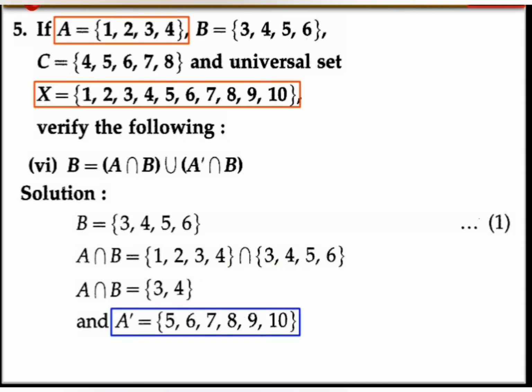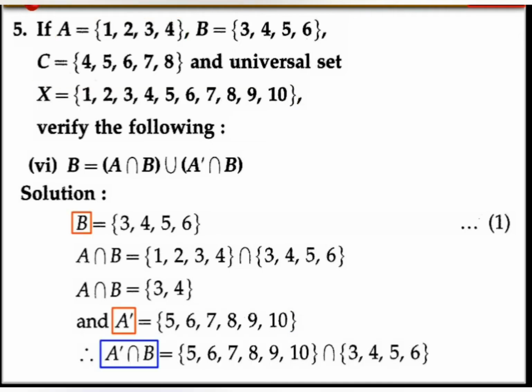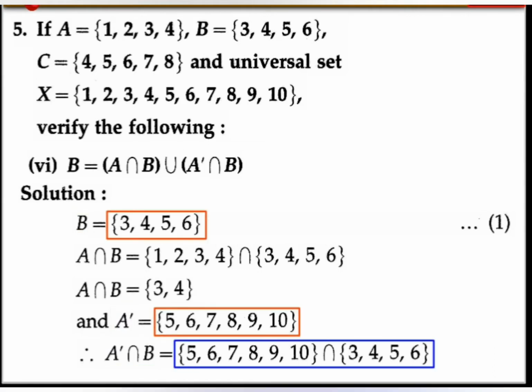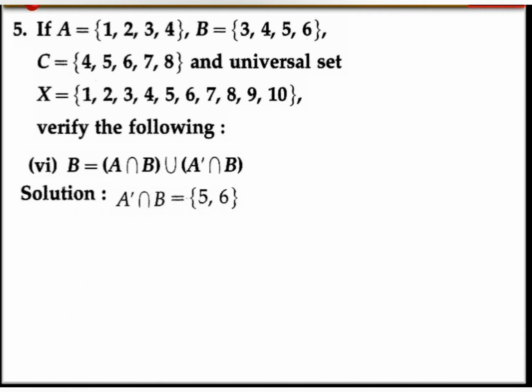And A complement is equal to set of 5, 6, 7, 8, 9, 10. Therefore, A complement intersection B is equal to set of 5, 6, 7, 8, 9, 10 intersection set of 3, 4, 5, 6. That is set of 5, 6.